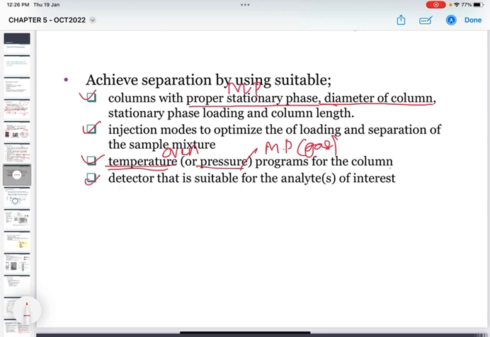Then detector, we need to choose a suitable detector for our analytes of interest. This one we will discuss in detail in the instrumentation part. Okay.